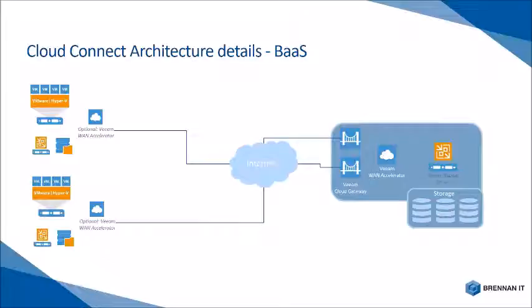And on the Brennan IT side, only one port is open, and all you need from your side is to communicate easily with Brennan IT using the IP address or URL they offer, which we're going to demonstrate. So how exactly does Brennan IT provide backup as a service?